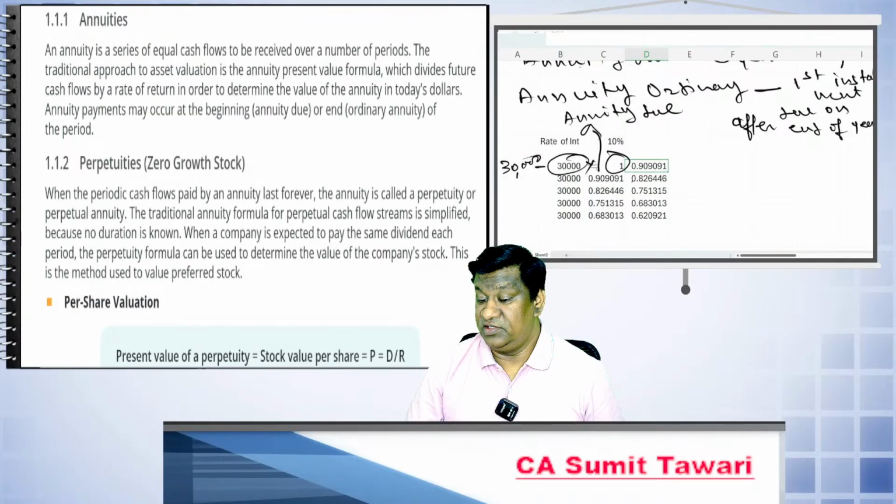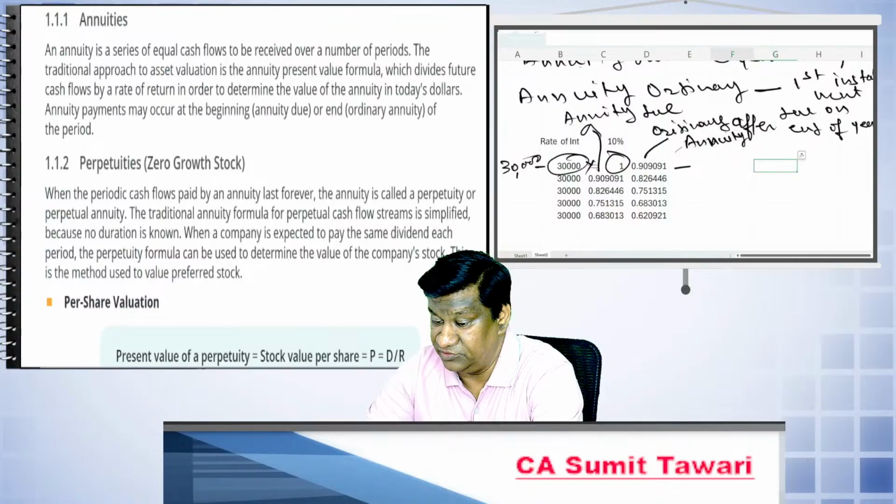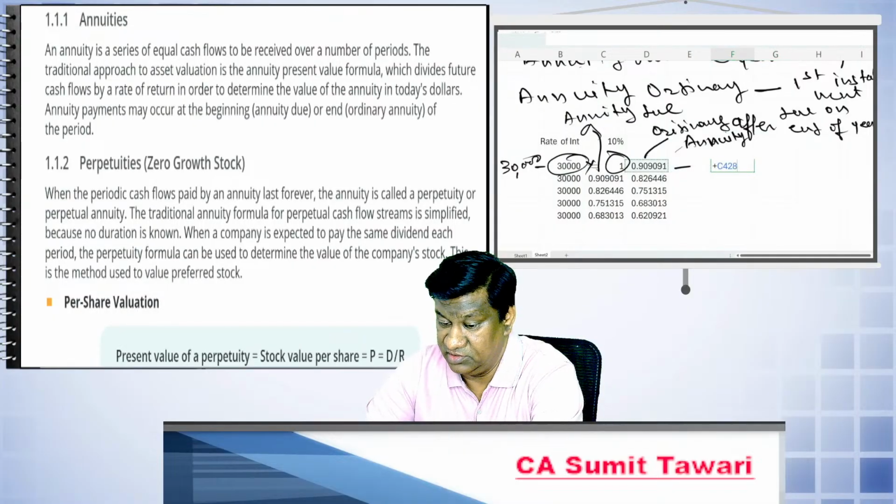But if I am paying after 1 year, this is basically the ordinary annuity. If I am paying after 1 year, then 30,000 multiplied by 0.9091. So I'll calculate.